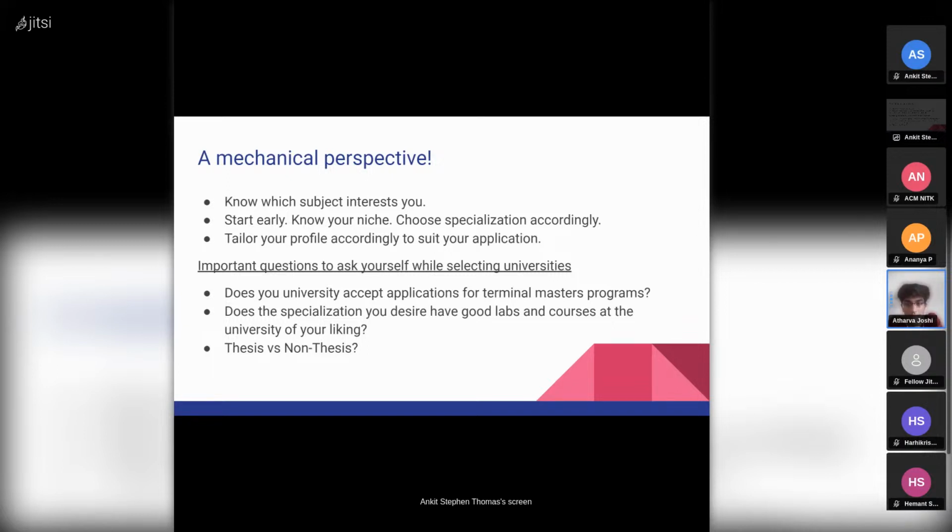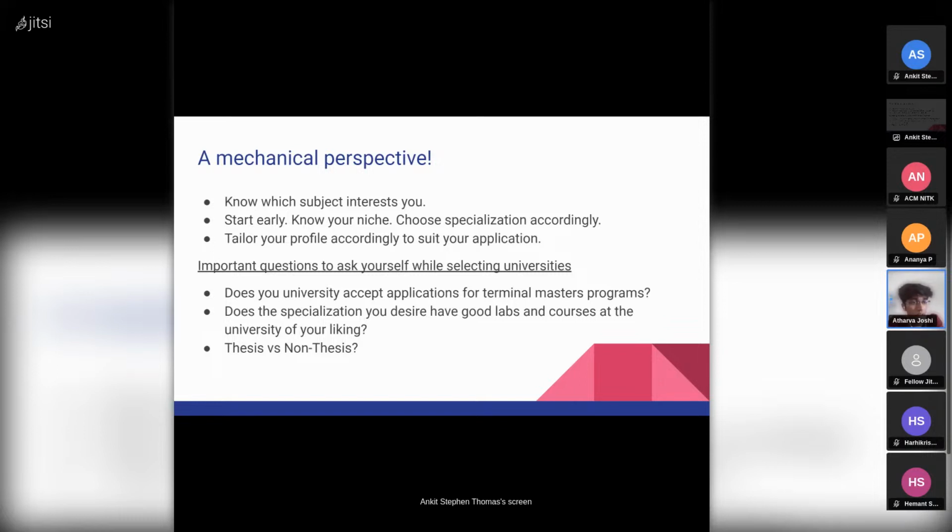So just be mindful of that, because if you say you just want a terminal master's, you'll most likely be rejected, right? Your application material must reflect that you're there to stay. For example, Georgia Tech, UC Berkeley, stuff like that, they don't offer a terminal master's program. If they do, it's a very small program.